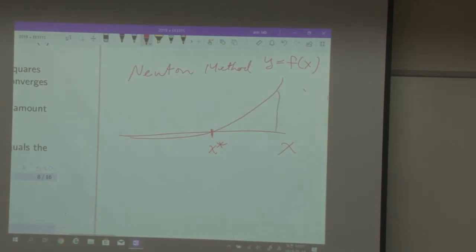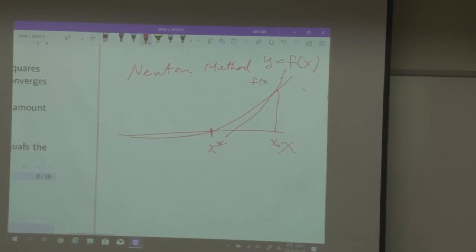So I start with x0 right there. I find f(x0), and I put a line here.